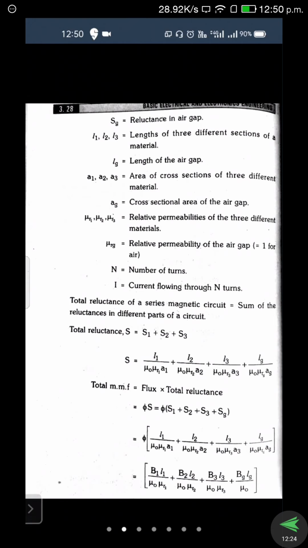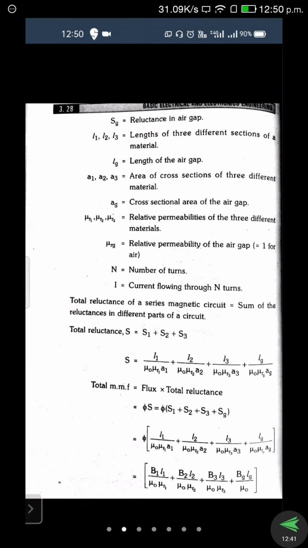So what is the formula here? L1 instead of L, by A into mu naught into mu R. Instead of A we take A1, and instead of mu R we take mu R1.